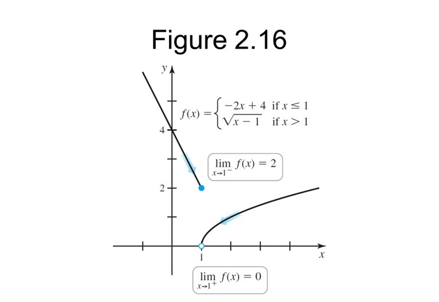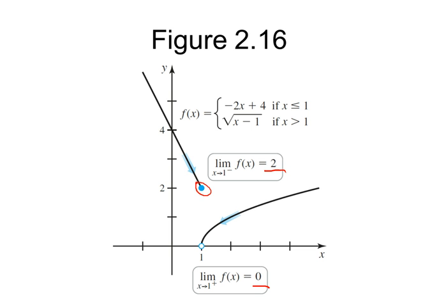Well, the graph shows a linear piece to the left and this radical piece to the right. If we evaluate the left-handed and right-handed limits, as x approaches 1 from the left, we're approaching a value of 2. And as x approaches 1 from the right, we're approaching a value of 0.